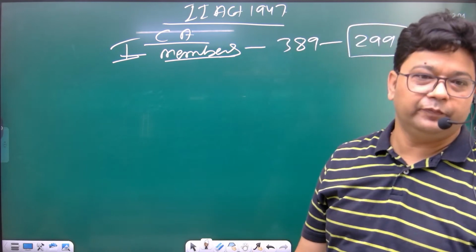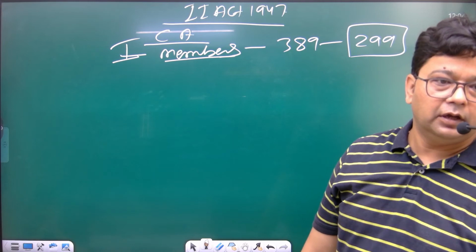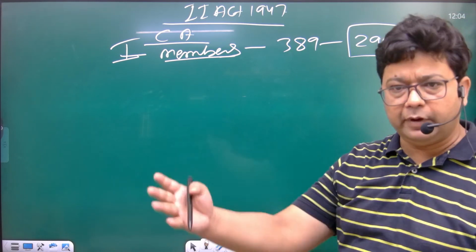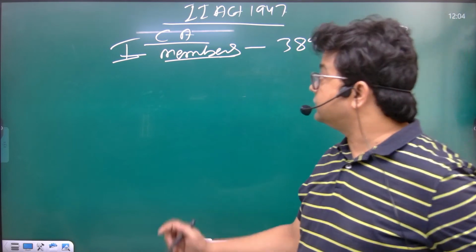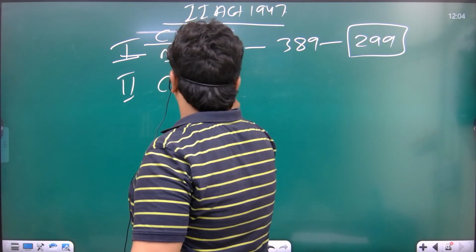Out of 389, 299 remained. Second, the Constituent Assembly was made sovereign.